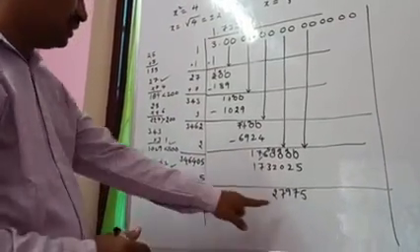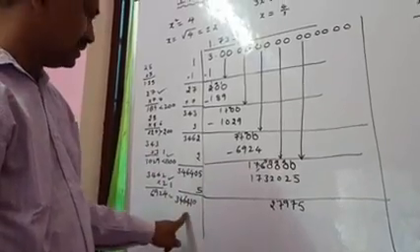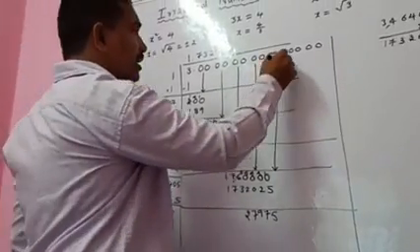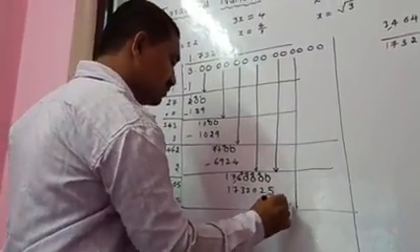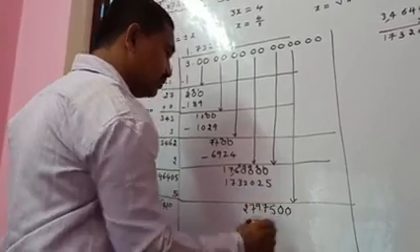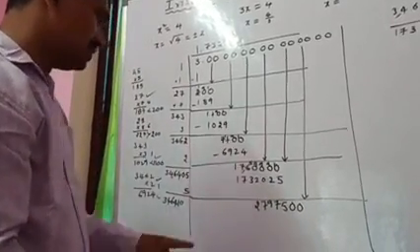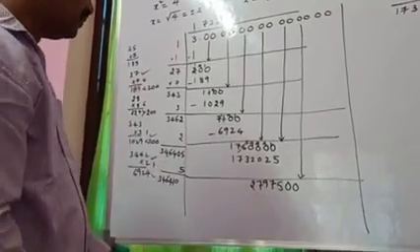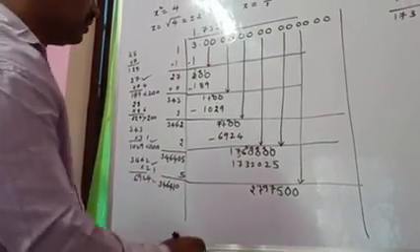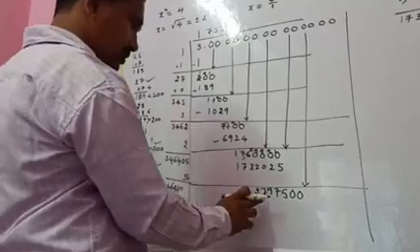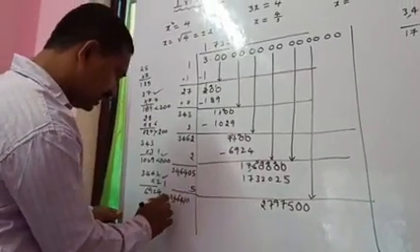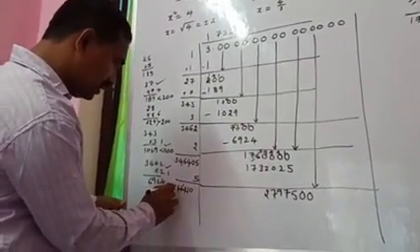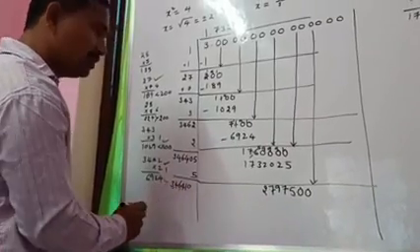Now again see, this is smaller than this. If you carry these 2 zeros. Now what is this? See here. Okay now.